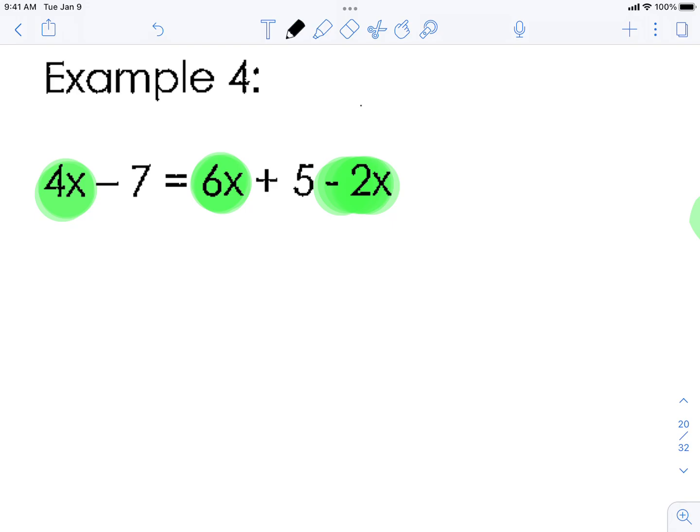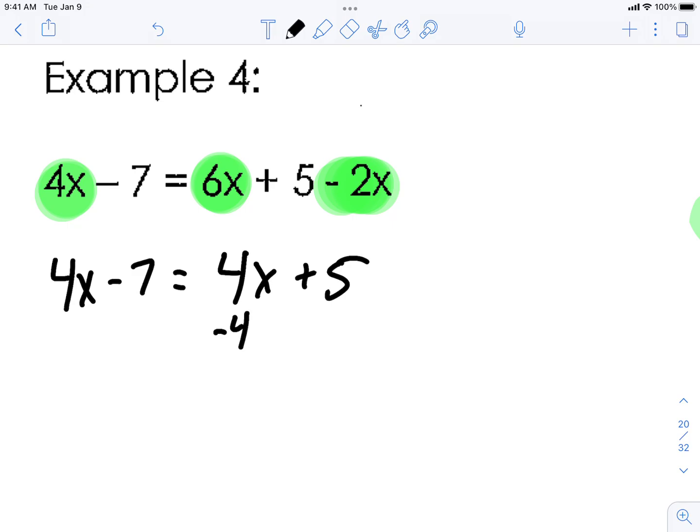Let's clean that up. So 4x minus 7 equals 6x minus 2x is 4x plus 5. Okay, the x's are the same, you'll see, so I'm just going to choose to move it from right to left. Subtract it, it's currently positive.